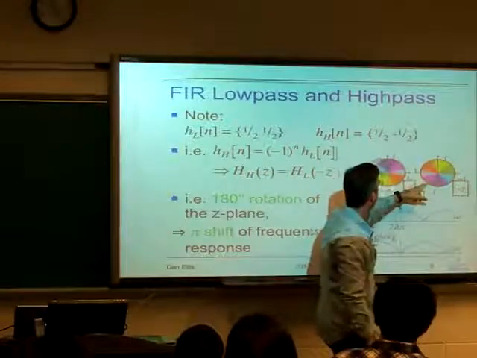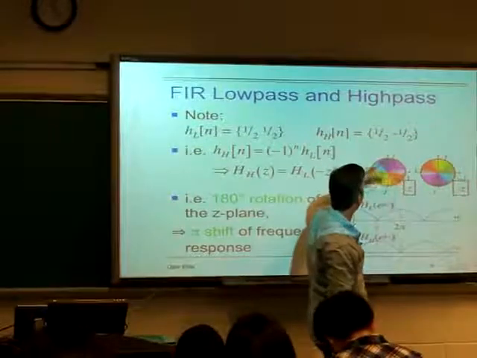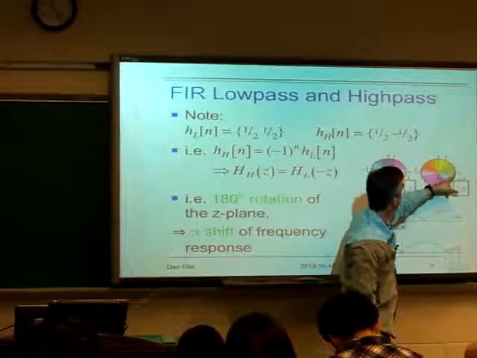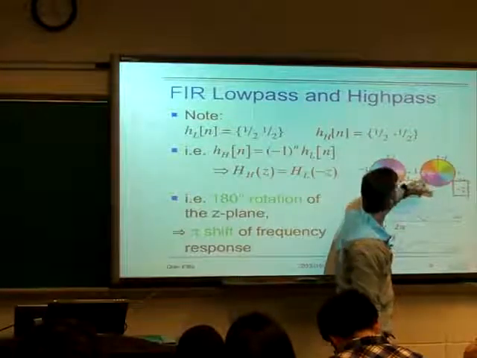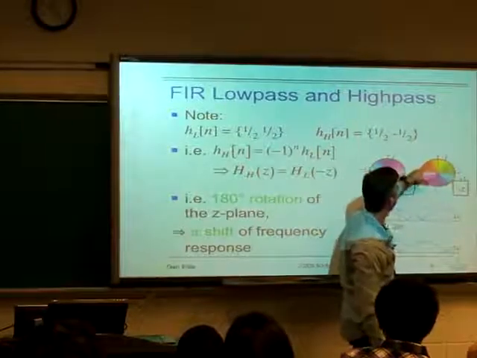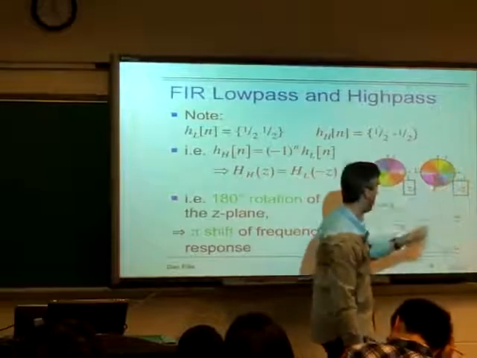And that's what I try to show with these colors here: in the HL plane it goes purple, blue, green, yellow, orange. In the HH plane, it starts off over here and then goes around like this, right? So it's the same plane but rotated by 180 degrees.